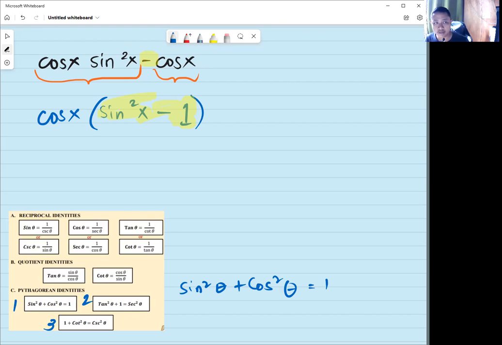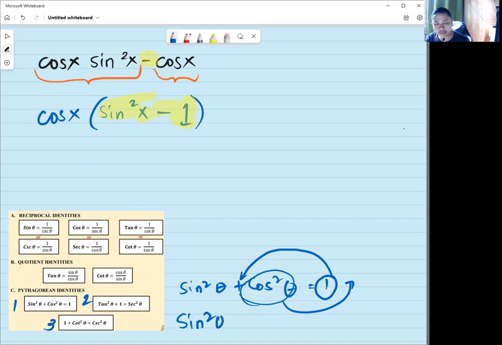So therefore, what should we do here? Just like what we did a while ago with the cosecant, pwede tayong mag-transpose. So therefore, we transpose 1 to the other side to make it sine squared x minus 1. And then let's put this to the other side naman.